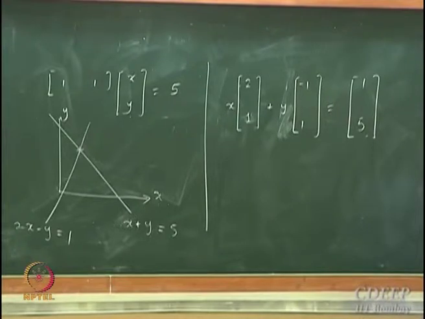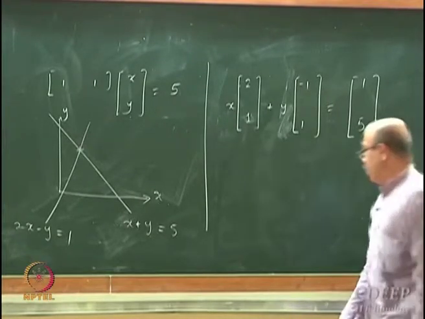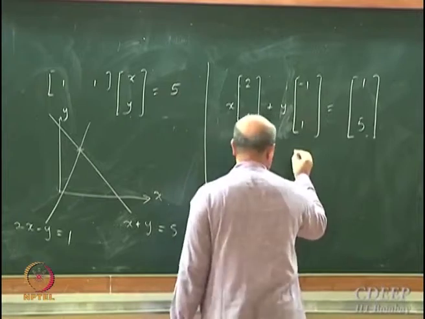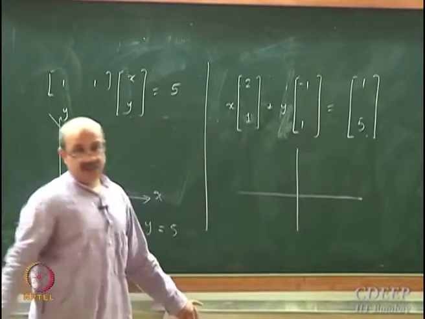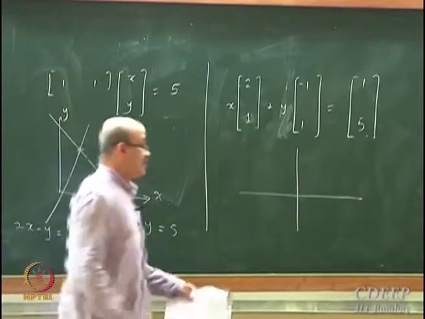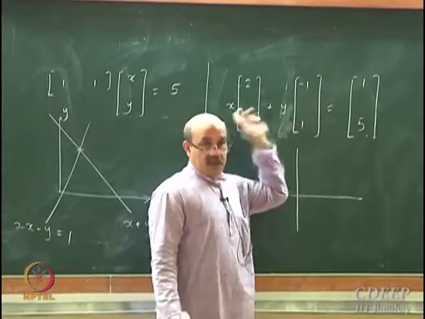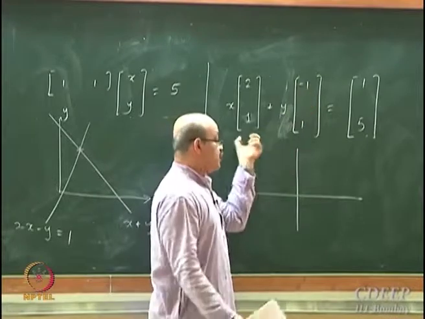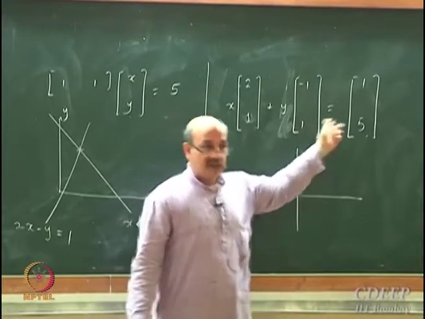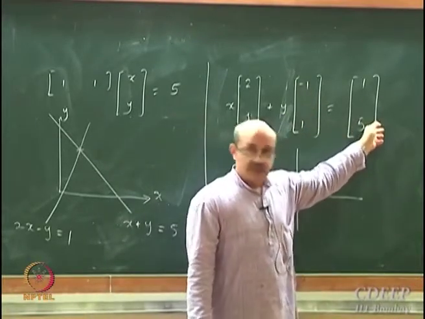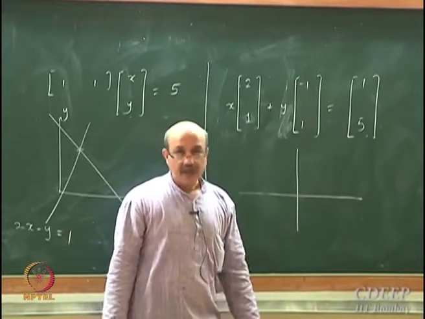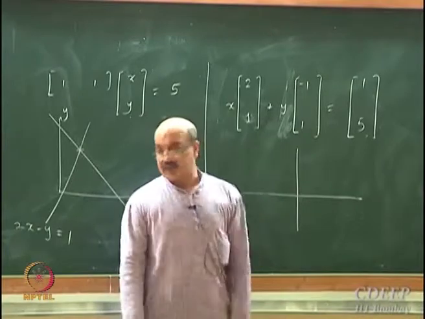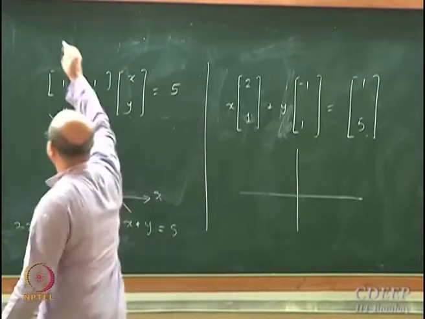This is the second equation, and here we are not drawing pictures in the xy plane any longer. x and y are coefficients by which these two vectors add to give you the third vector. So this is your vector addition. And the earlier picture, I will call the row picture.